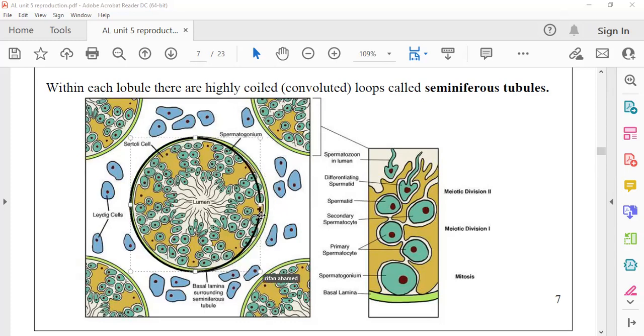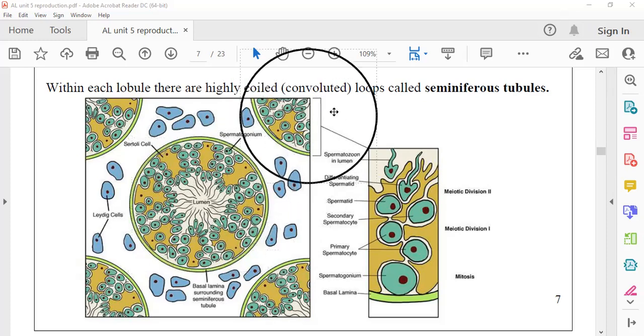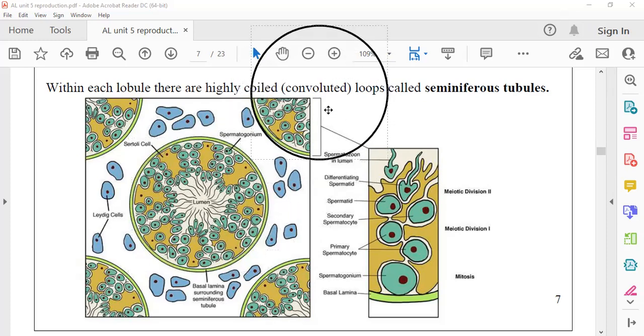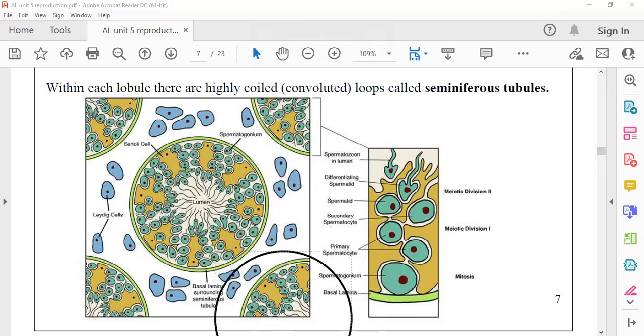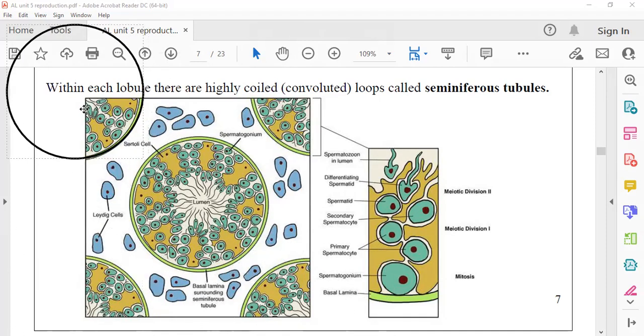This is one, like that. Here it is one. Here it is one. Here it is one. Okay? Understood?